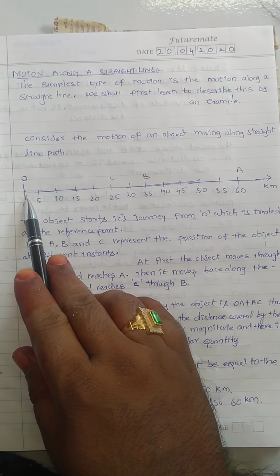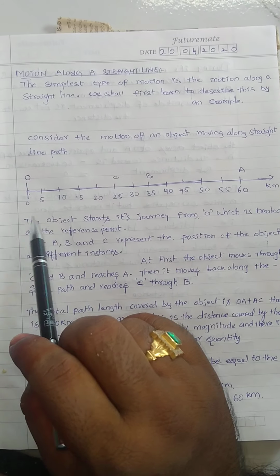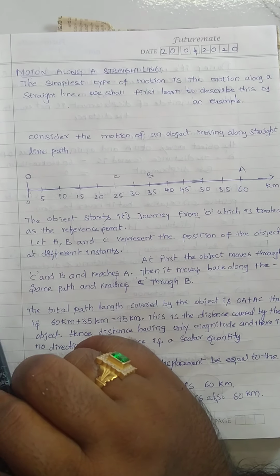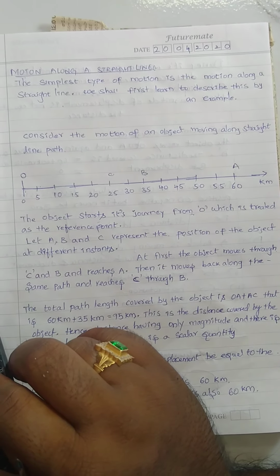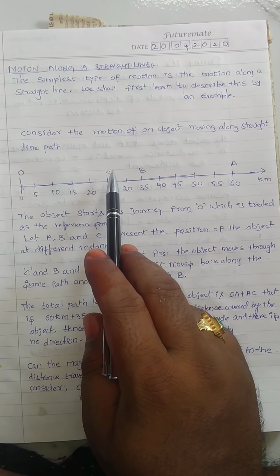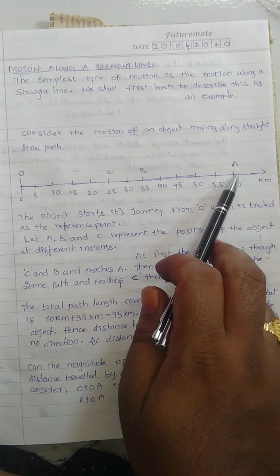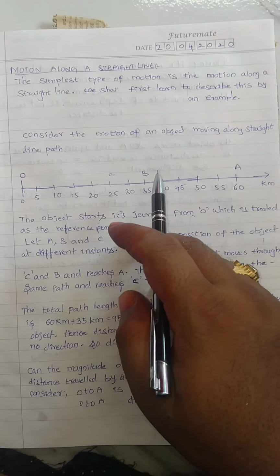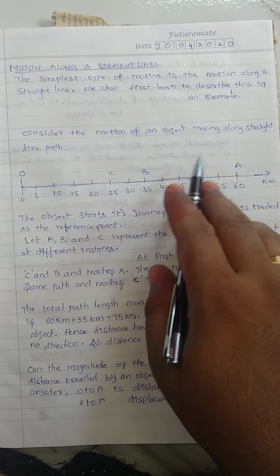What is the meaning of frame of reference? The object starts its journey from O, which is treated as the reference point. Let A, B, and C represent the positions of the object at different instants. Of course, these are also reference points. A frame of reference or reference point describes the position or location of an object.